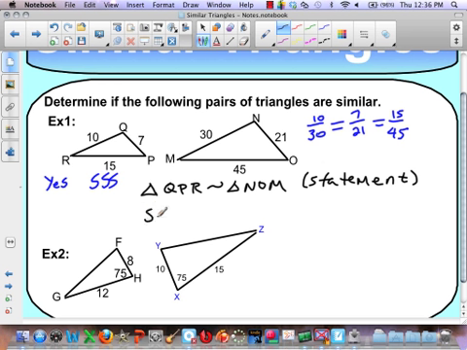Well, what's my similarity ratio? Okay. Basically, when you think about the similarity ratio, you want to think the new over the old. And here in the United States, we read left to right. So which one's our new one?